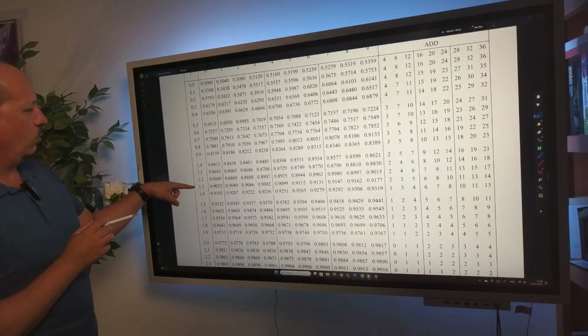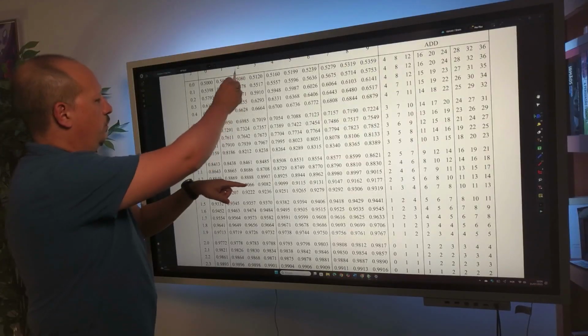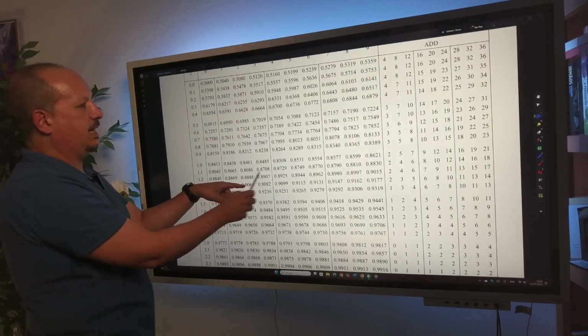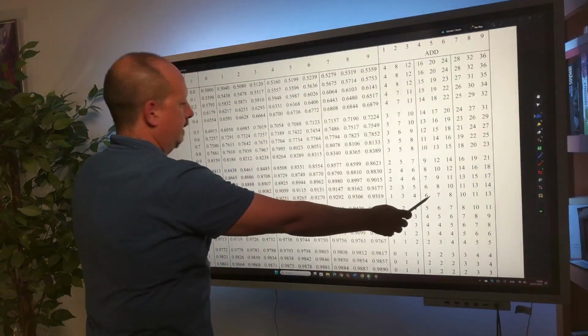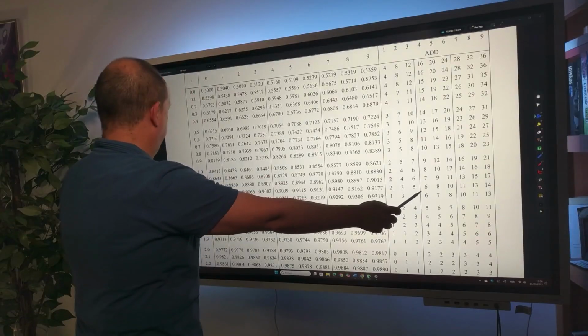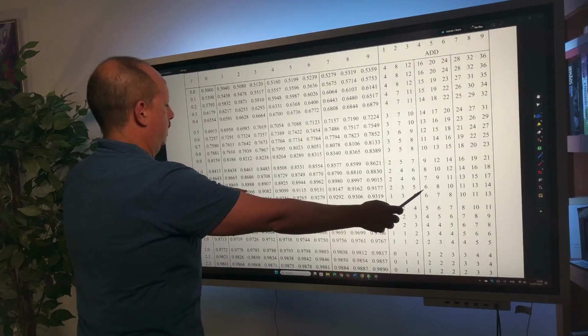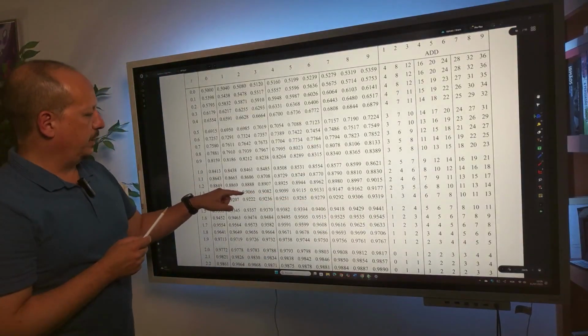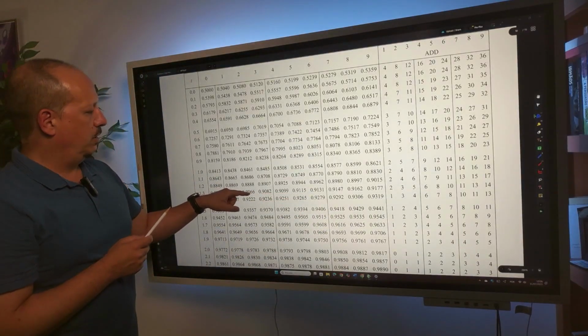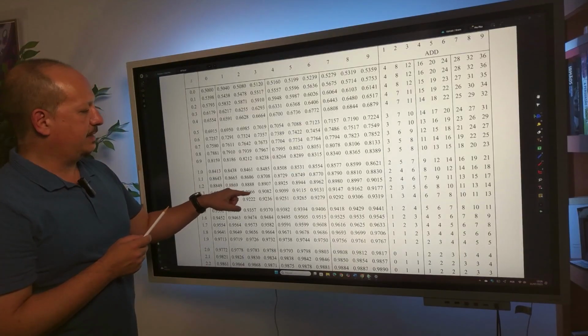Maybe you weren't seeing. So 1.32, and now add 6. So this would be 0.9072. I added 6 over there.